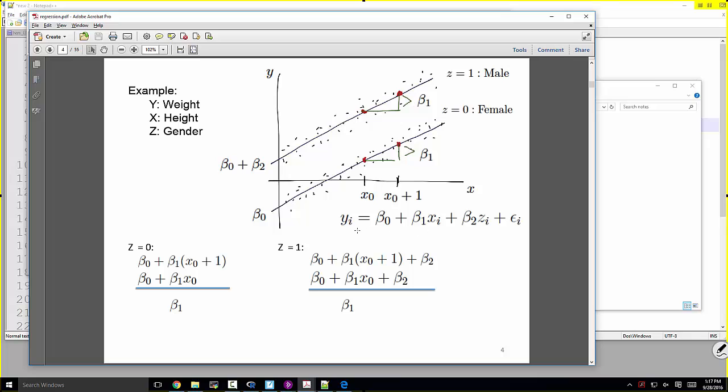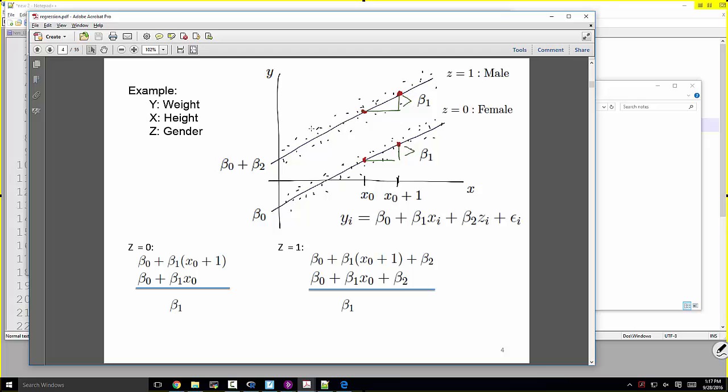Linear regression means you're going to have a linear combination of some predictor variables. Beta 0 is an intercept still, beta 1 xi, that's the slope in terms of x, and beta 2 zi. Zi is binary here. So the actual picture that we are reflecting is up here.